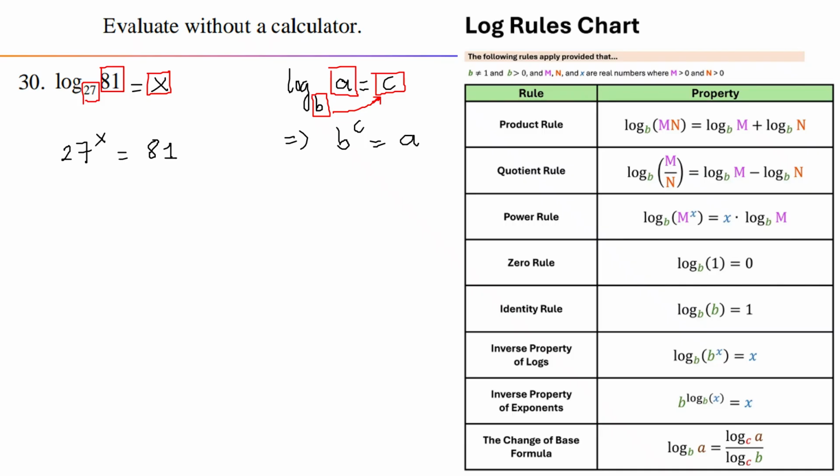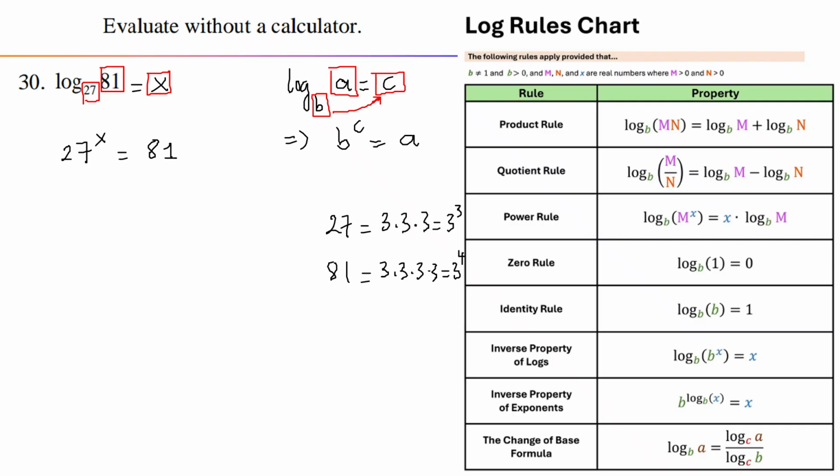For 27, we know that we have base 3. 27 is 3 times 3 is 9 times 3 is 27, so 3 cubed. And 81 is 3 times 3 is 9 times 3 is 27 times 3 is 81, so 3 to the power of 4.